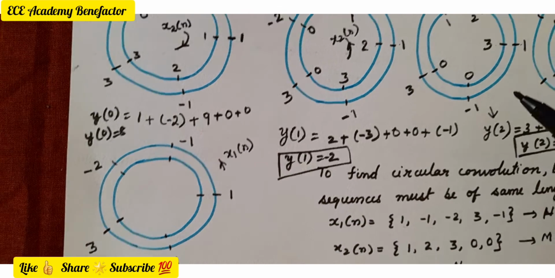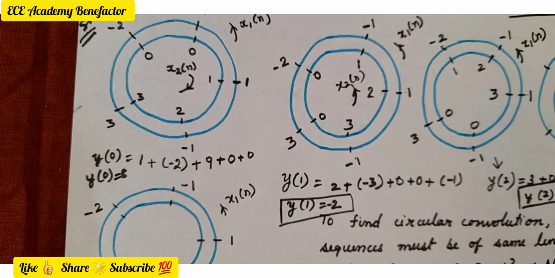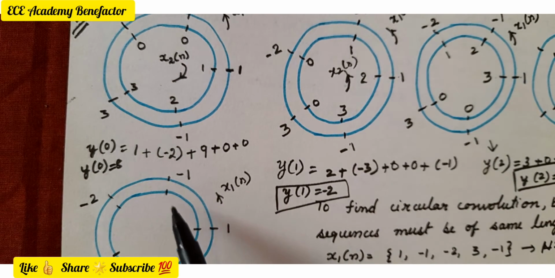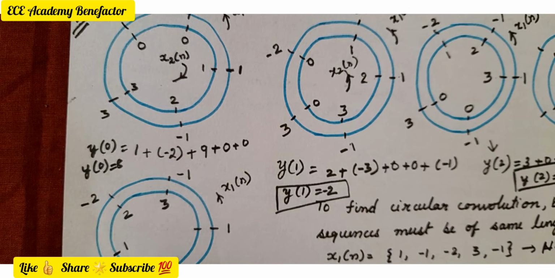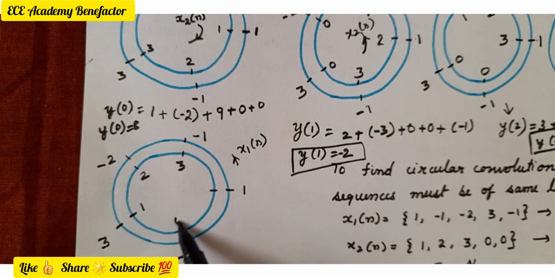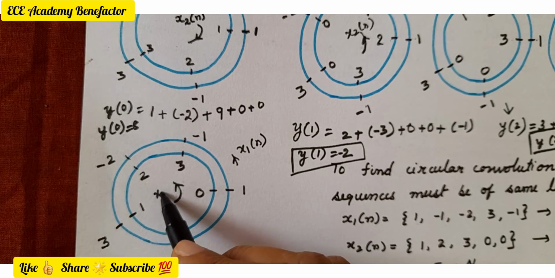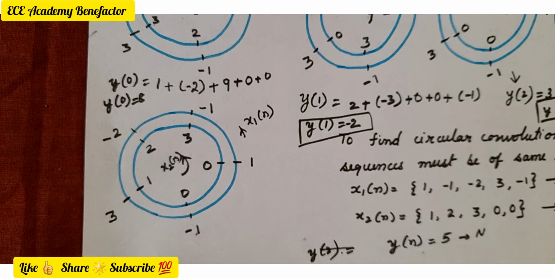The inner circle we have to rotate one step ahead, so this 0 will be shifting here and this 3 will be shifted here: 3, 2, 1, 0, 0. So we have moved x2 of n one step anti-clockwise to get y of 3.